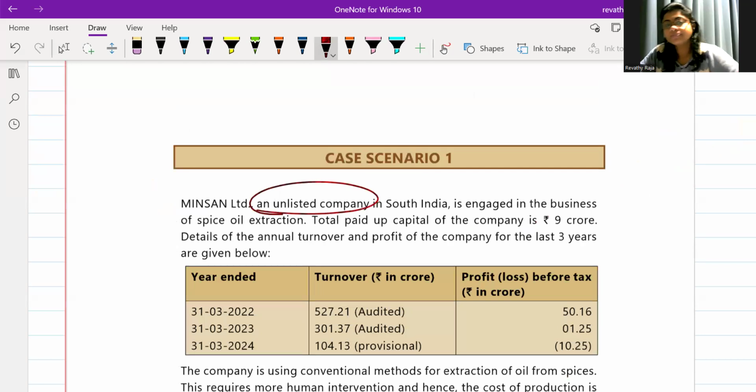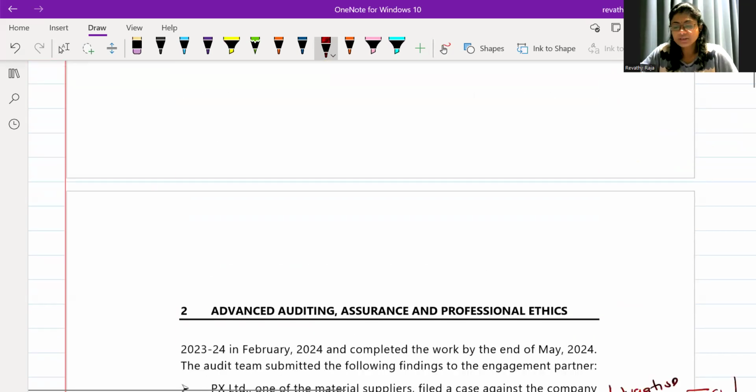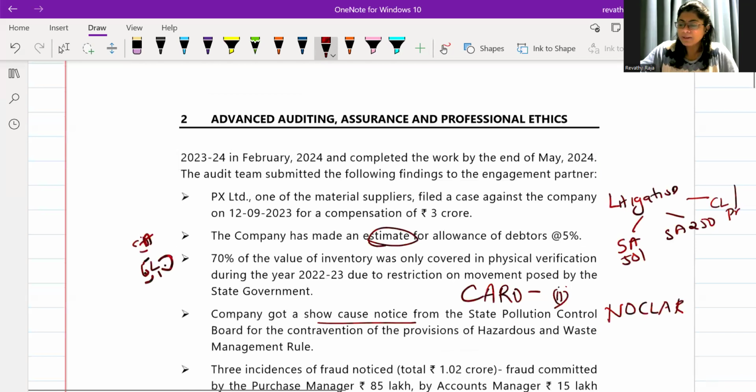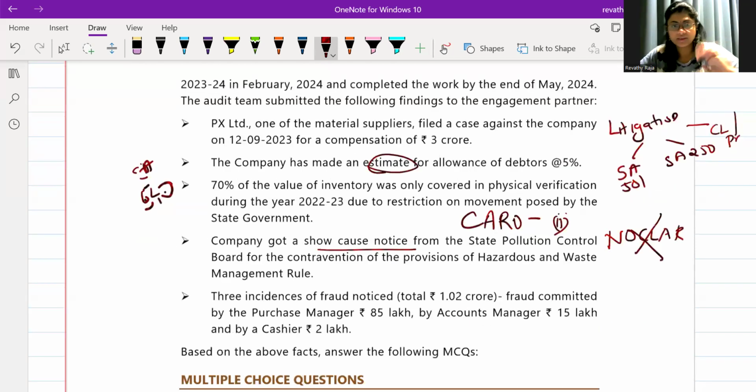Unlisted, right? So NOCLAR will not apply as such since it is unlisted. CARO, clause 9 or 7? Trace, it is clause 7. 9 is repayment of dues. Statutory dues. But you remember one sentence? Mere representation will not be treated as a dispute.